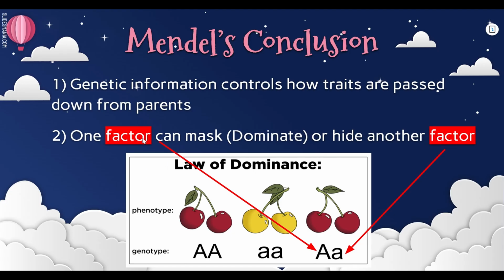And so you see these right here where the red arrows are pointing, this dominant allele A is going to mask or cover up or dominate this little a, this recessive a, right? So you will see right here that the red color of cherries is the dominant color, right? And for yellow cherries, you need both of these recessive, homozygous recessive, for yellow cherries to show up. Right, so it's just saying that the red, this dominant A, is going to mask or dominate this little a.